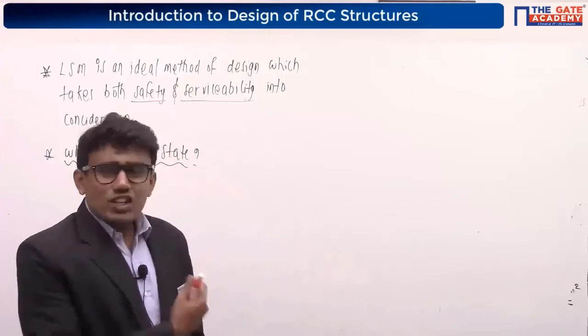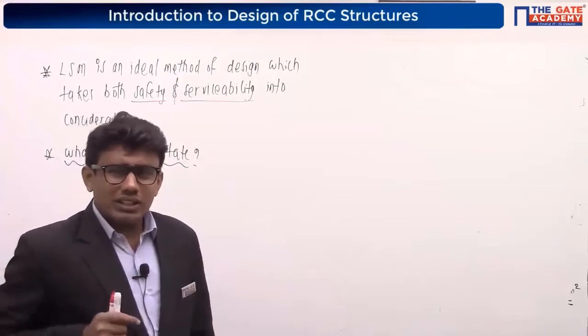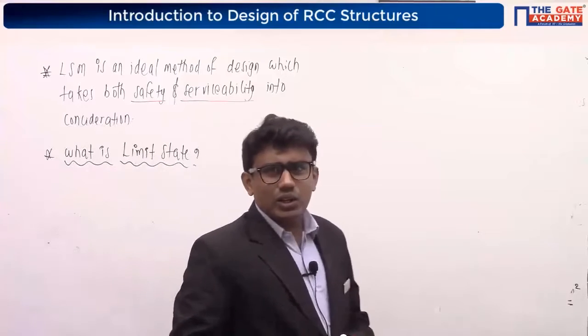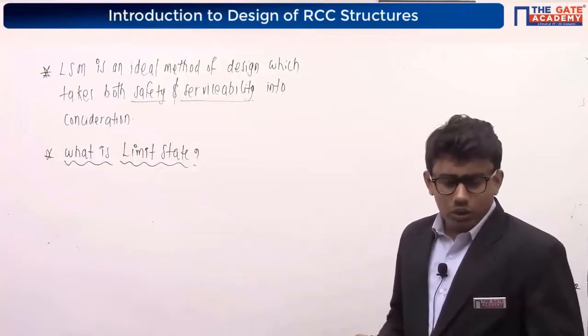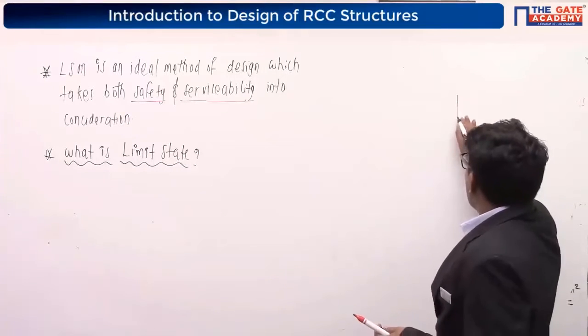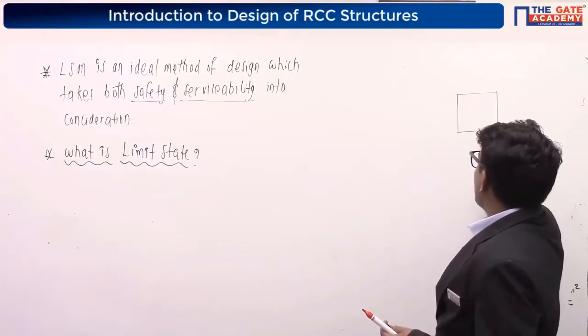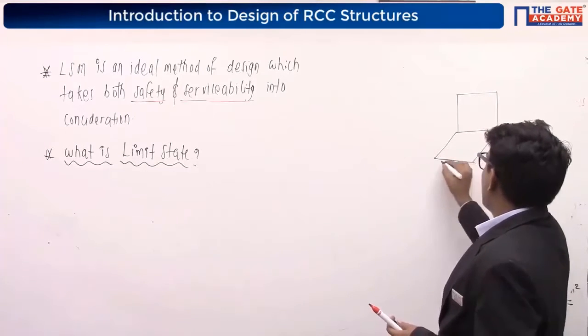See, to understand this, I am not interested in giving you the definitions. By definitions and all, you will not understand the things properly. Suppose I want to construct, so suppose I am taking a chair here. This is a chair. Sorry for this bad figure.